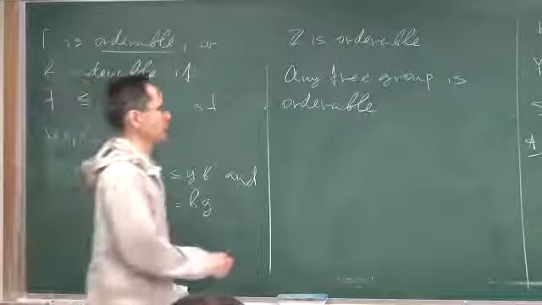There is also a paper by Vinogradov in 1949 which proves a more general statement. It says that if you have two orderable groups or left orderable groups, then their free product is also orderable or left orderable. That's a generalization of this because you can represent every free group as a free product of several copies of Z, right?